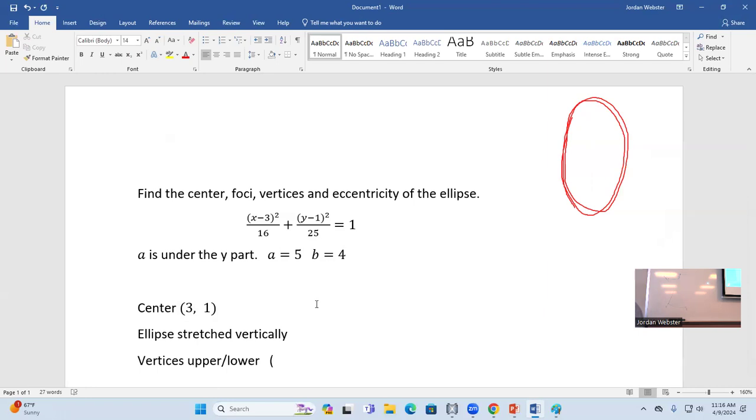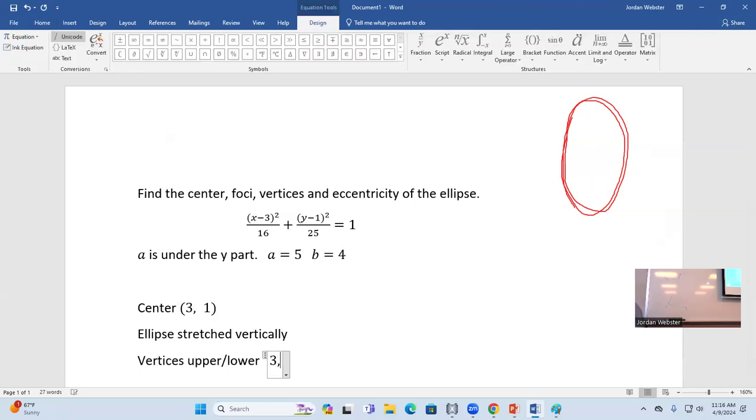So I'm going to take the center and add 5 because, again, 25 is under the Y part. That's going to give me the upper vertex.